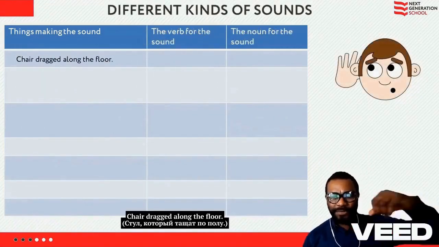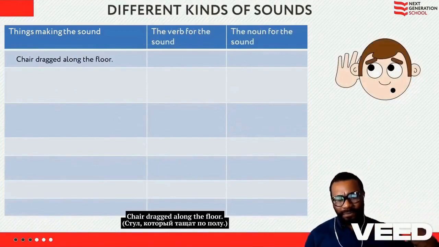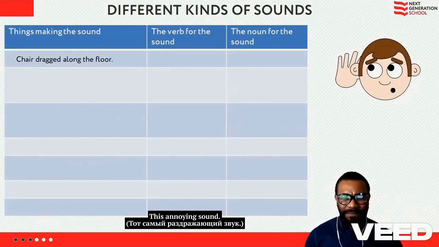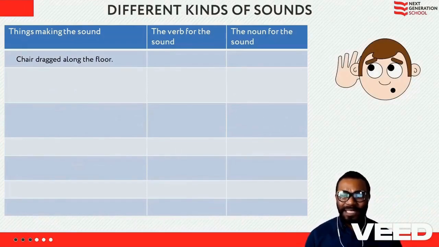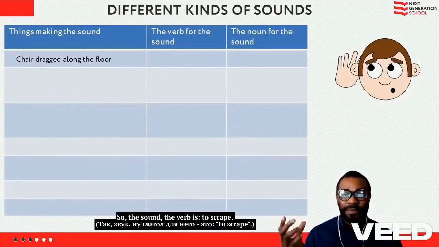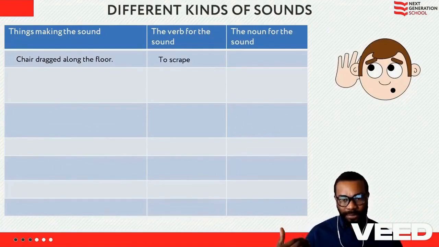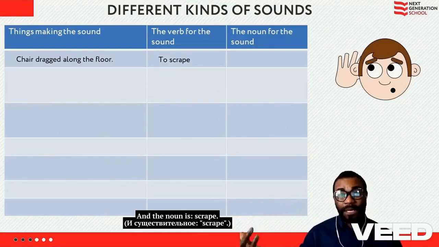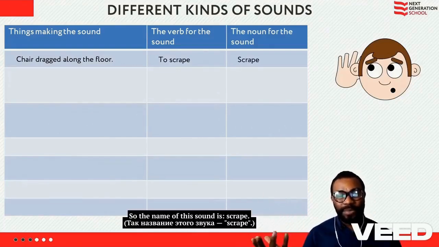Chair dragged along the floor. This annoying sound. So the sound, the verb, is to scrape, and the noun is scrape. So the name of this sound is scrape.